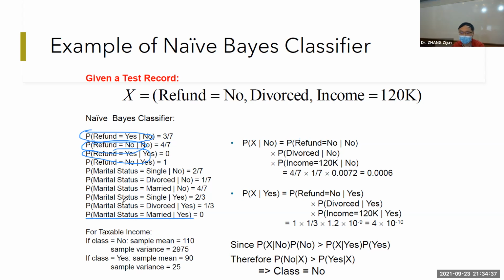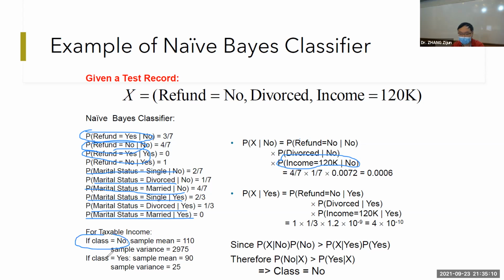So we compute these 3 terms for marital status, and for refund we have 2 cases. And for the income case, we use a distribution to compute the probability. For the categorical cases, we count the frequency.